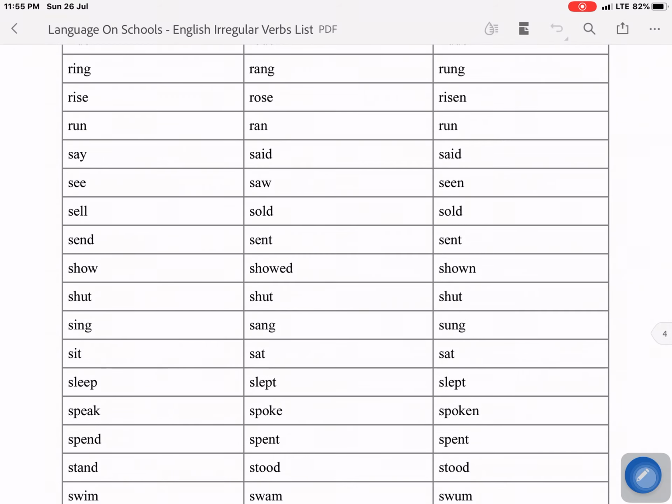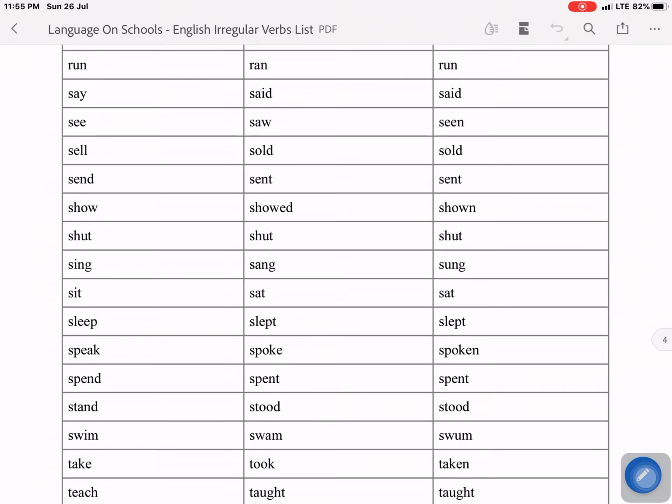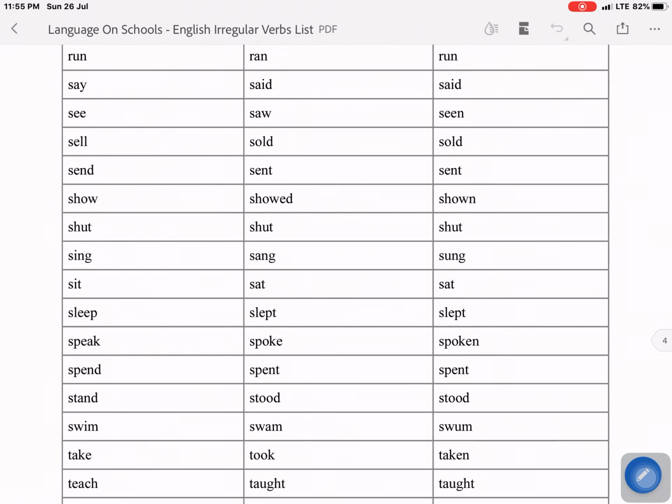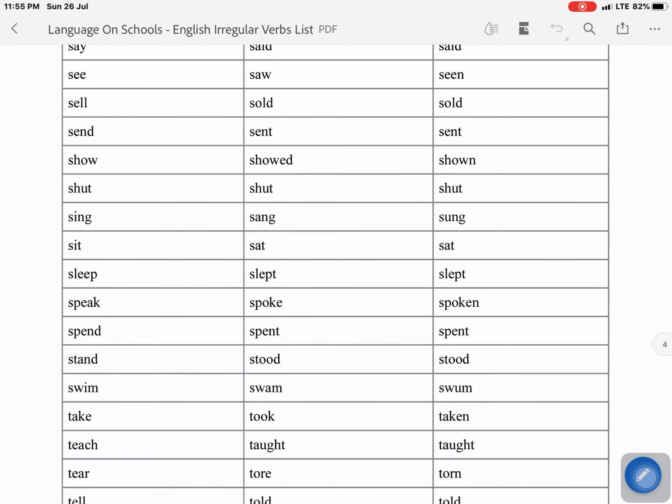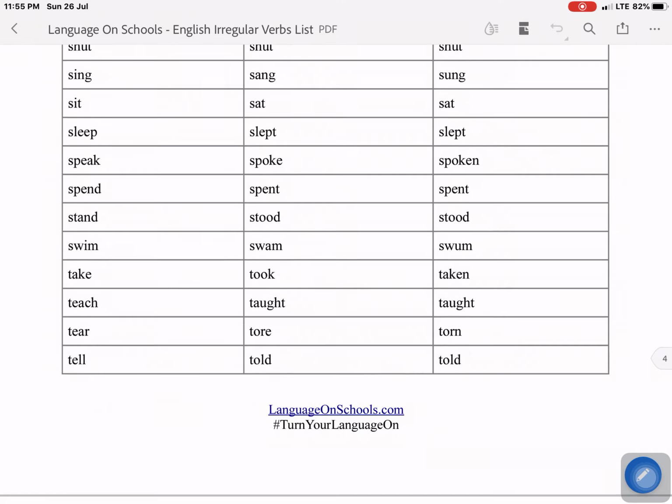Spend, spent, spending. Stand, stood, standing. Swim, swam, swimming. Take, took, taken, taking. Teach, taught, teaching. Tear, tore, torn, tearing.